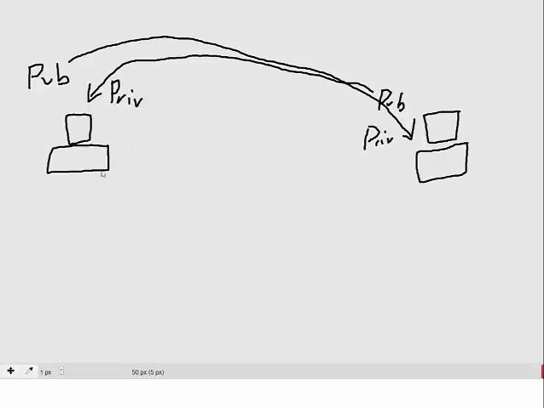So I want to turn around and send a message from here to here. So here's my message. All right, there we go. That's the message. What I do is I'm going to encrypt it using this system's public key. It's going to go from plain text to ciphertext.